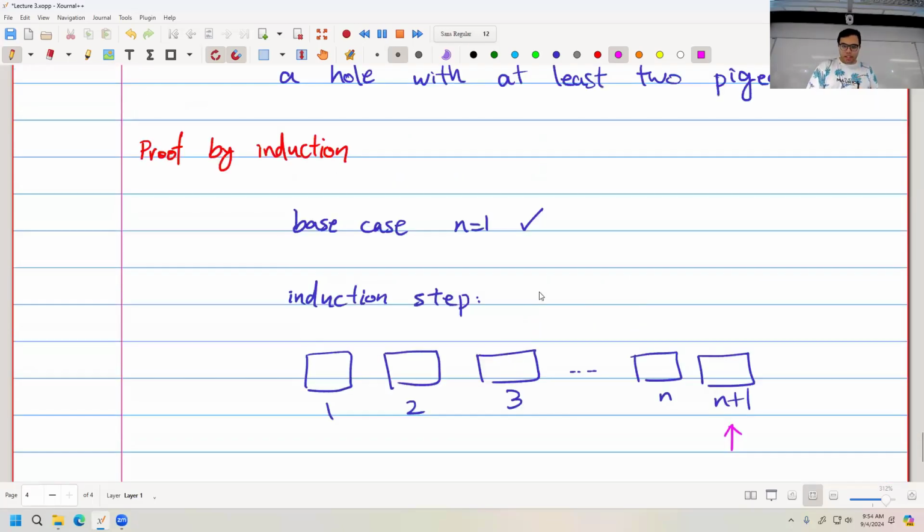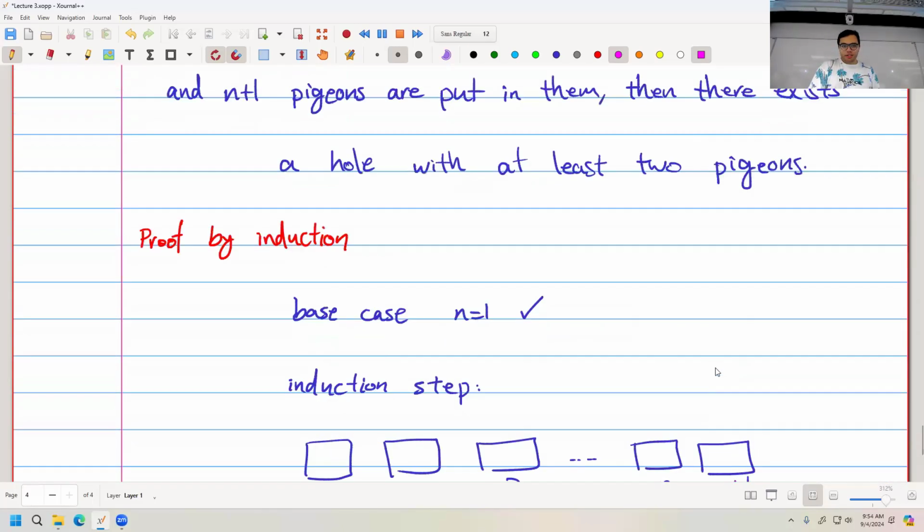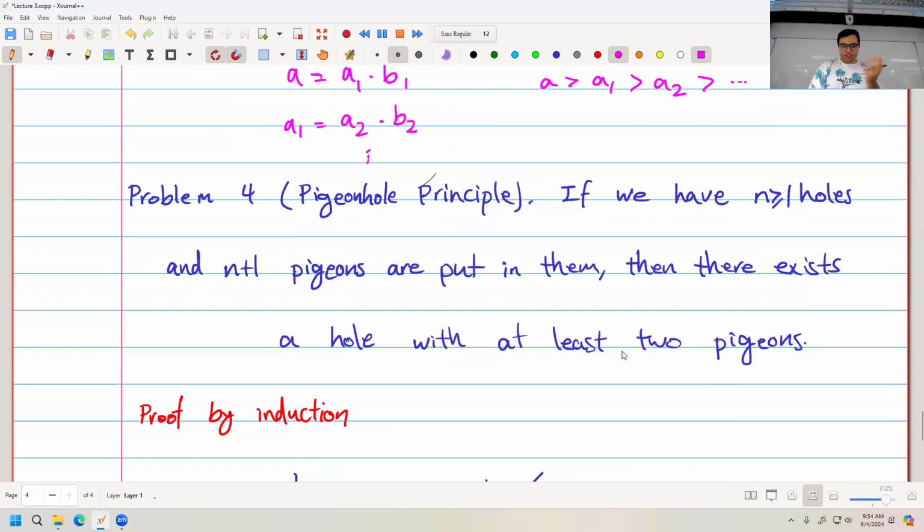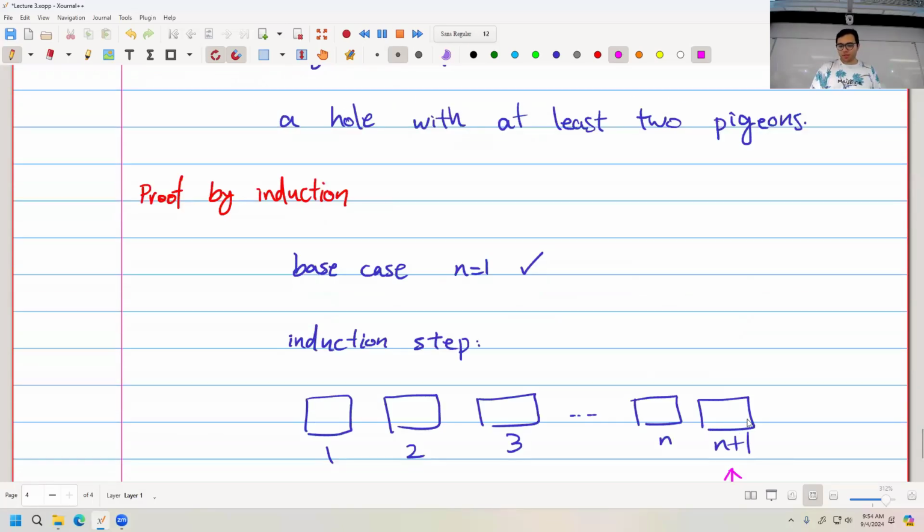Now, if I put 2 pigeons or more, then what I wanted to prove is already done because this is a hole that has at least 2 pigeons. So the interesting cases are the cases where I have put 0 or 1 pigeons here.